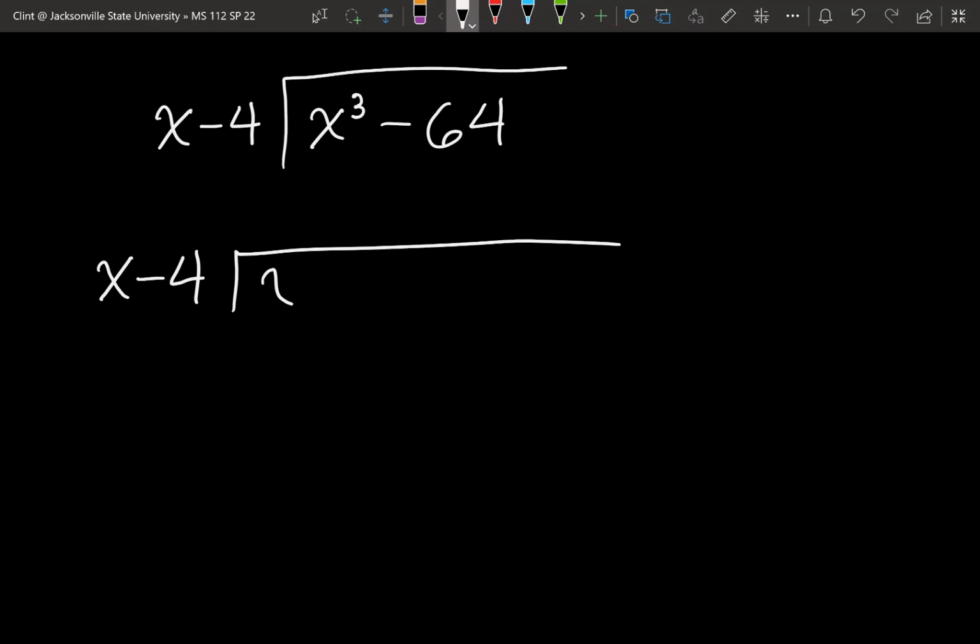So we got x to the third, that's fine. But then we don't have an x squared term, so we can put in plus 0 x squared. We're also missing the regular x, so plus 0 x. And then we can put in the minus 64.